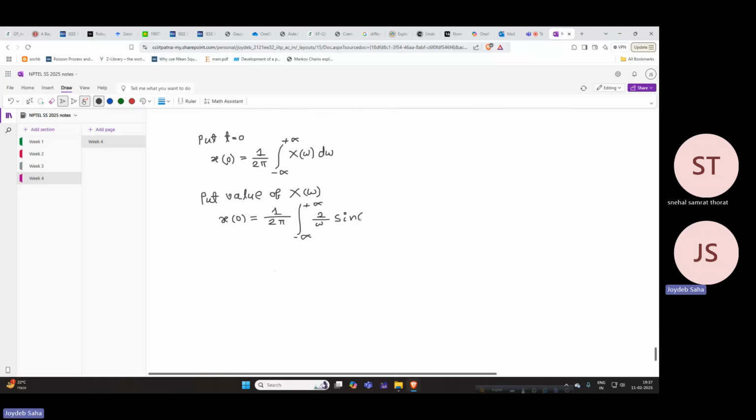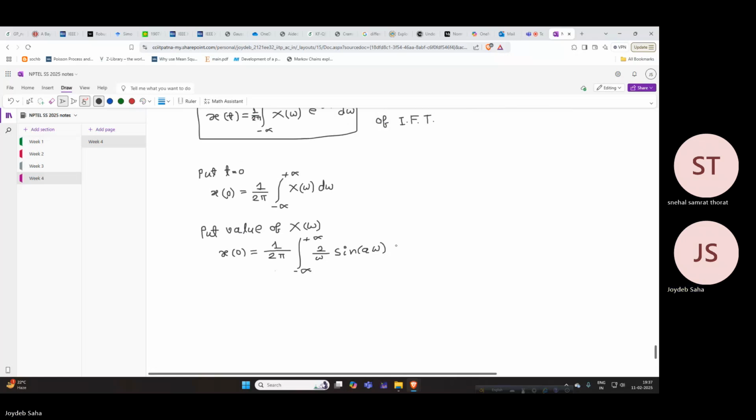Yes, sir. Okay, so after calculation, d omega as it was. Okay. Epsilon. It means normal distribution is what we have to use.